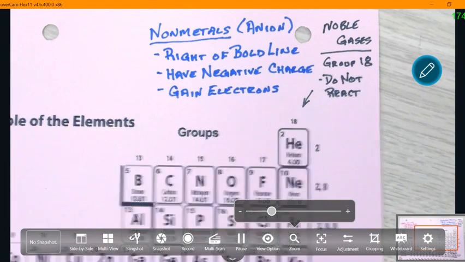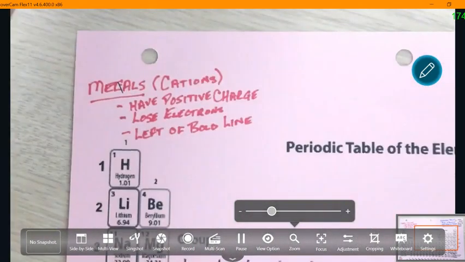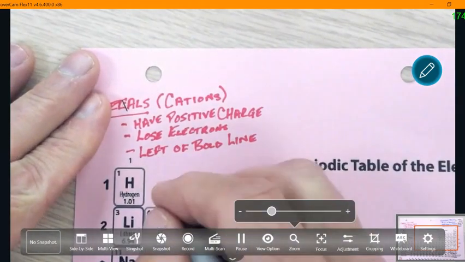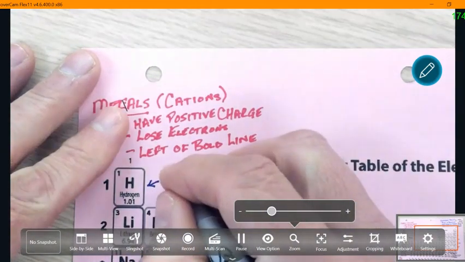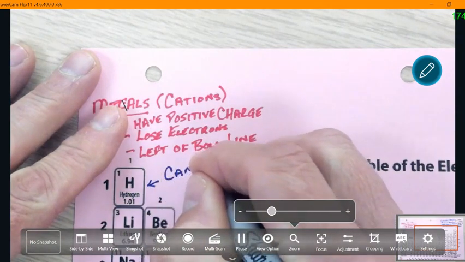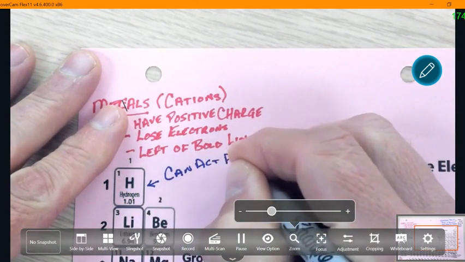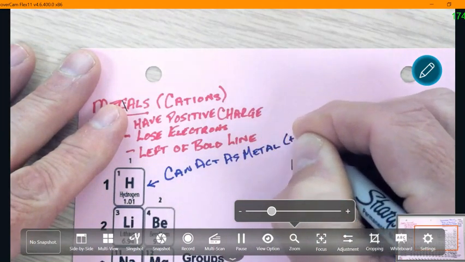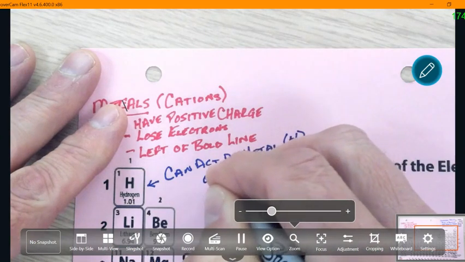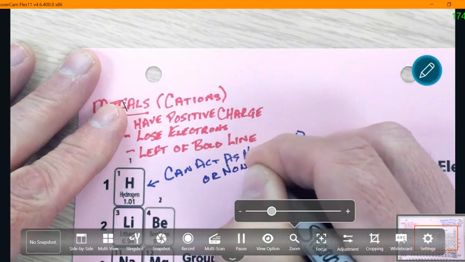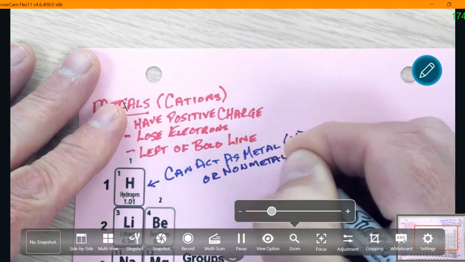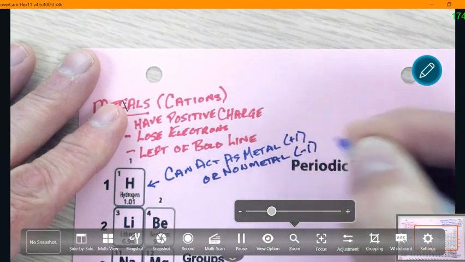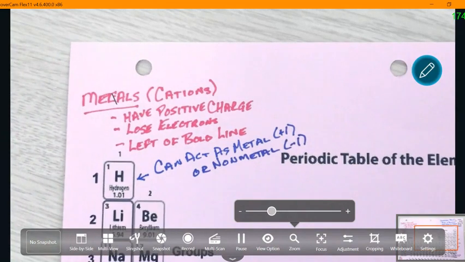All right. Now I want to go back over to the other side to hydrogen. Hydrogen can act as a metal or a nonmetal, which means it can either be a +1 ion or it can be a -1 ion.